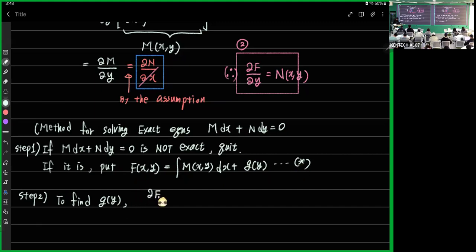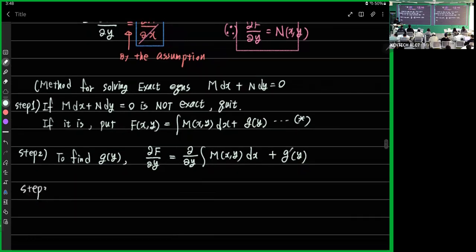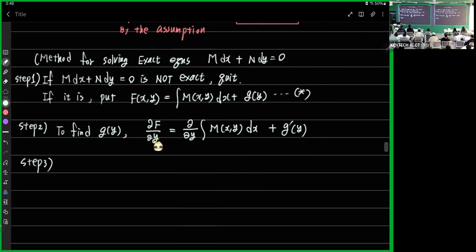So partial f partial y is equal to partial y of the integral of M(x,y) dx plus g prime. Then step three. You see that? Partial f partial y is equal to N, right? Because we already determined in step one that the equation is exact. So partial f partial y should be N.